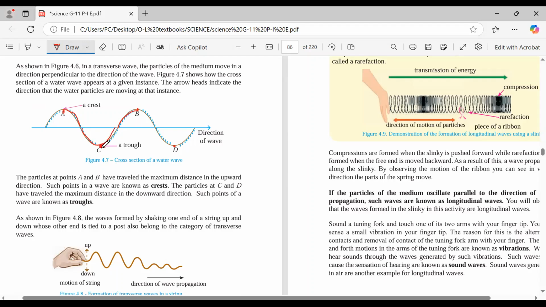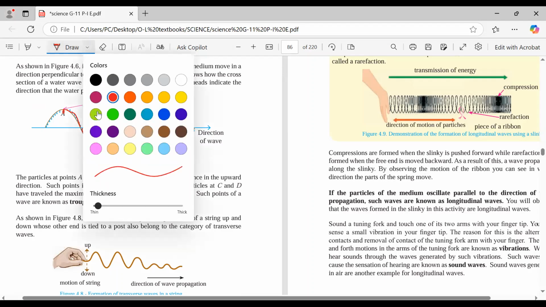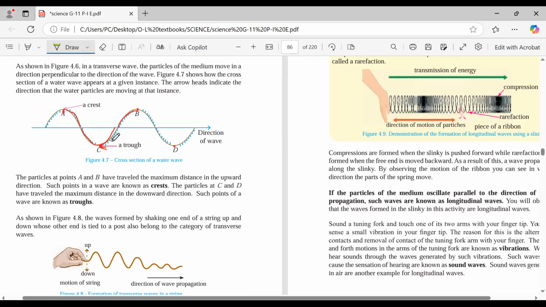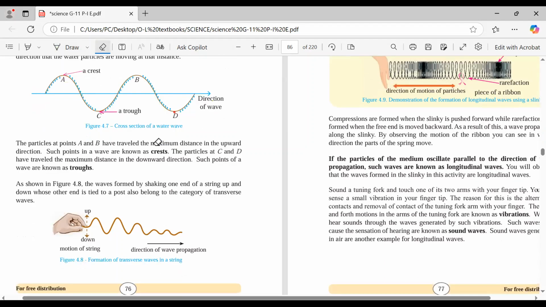Now see from here, C to D: half, full, and a half. So it's always going to be this kind of figure. Now do you understand what wavelength is? The distance between a crest and a crest, or a trough and a trough. Make sense? Okay, good.